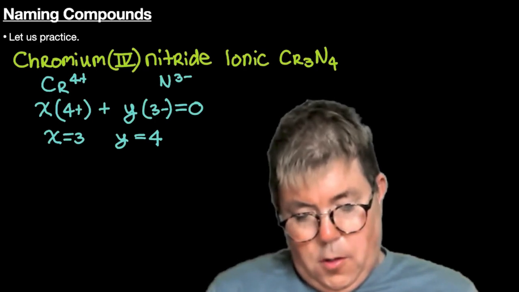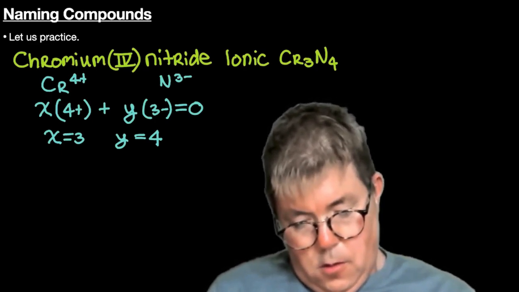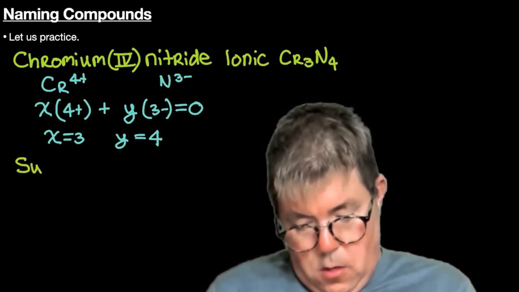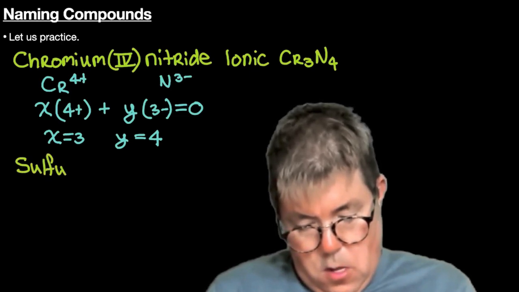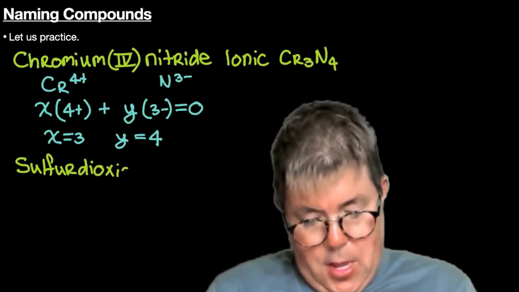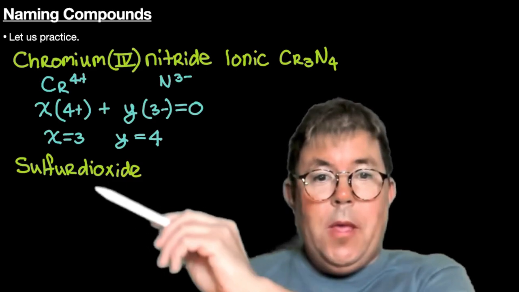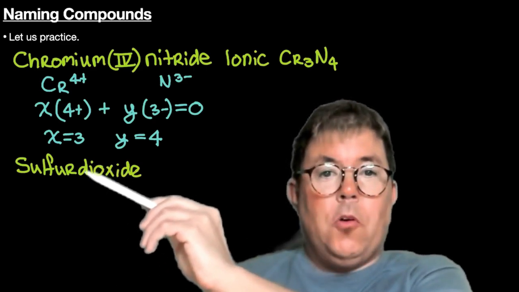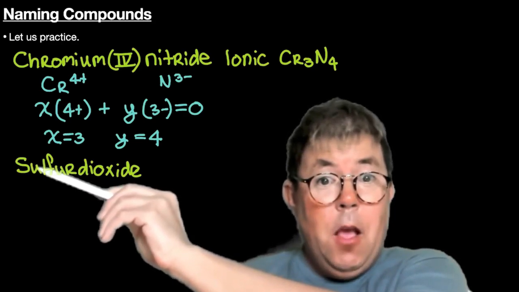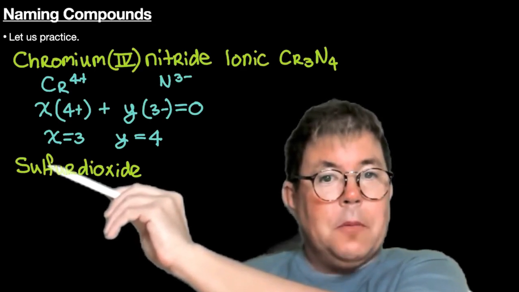So now let's look at sulfur dioxide. When we have a covalent molecule and there is no prefix in the beginning, we understand the omitted prefix mono.